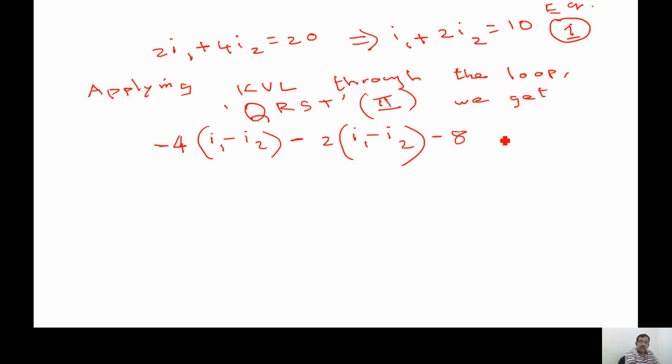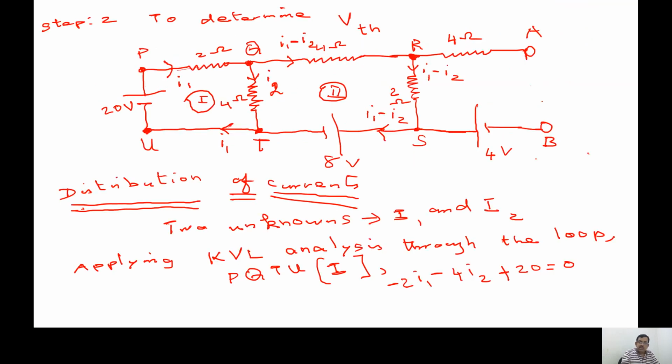And then we come back. Now look at that 4 ohm resistor here. The I2 is flowing in the arm QT. In the arm QT, the I2 is flowing downward, but we are going from T to Q, so we are not seeing a voltage drop, rather it is the opposite, because the current is flowing in the opposite direction. As we go from T to Q, the current is flowing towards T, therefore it is in the opposite direction.